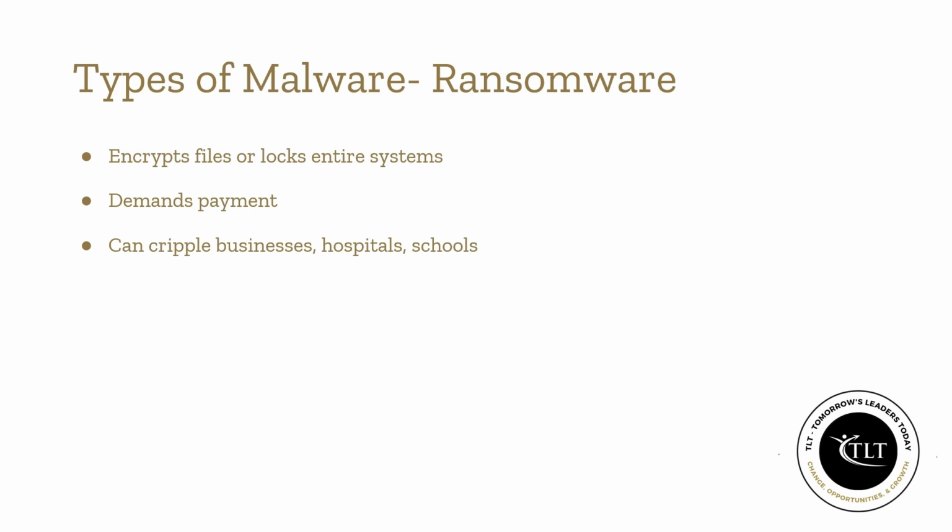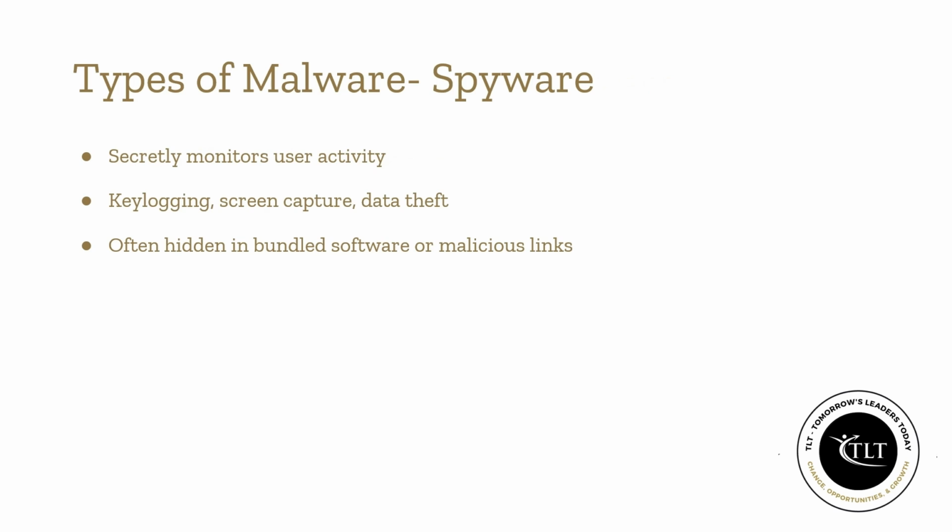Next on the list, we have spyware. Spyware gathers sensitive information such as passwords, browsing behavior, or personal documents and sends it to a remote attacker. Unusual system slowdowns or unexpected changes to browser settings can be signs of a spyware infection.